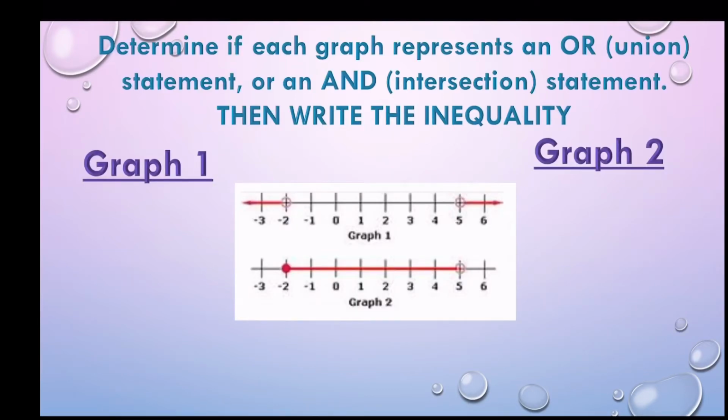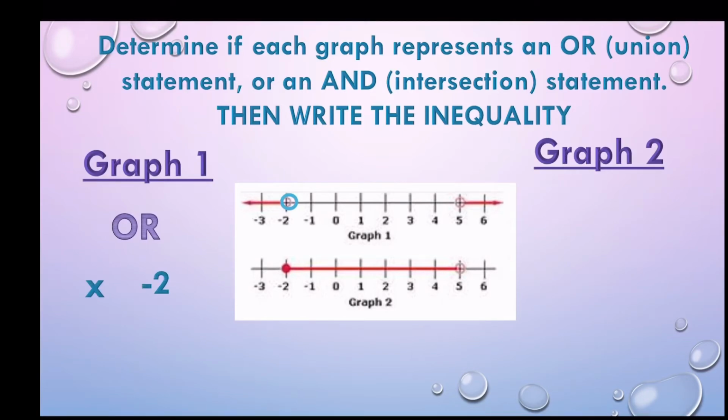So let's practice determining whether it's a union or an intersection. Remember, union is the word or, intersection is the word and. That helps us also write our inequalities. Well, graph 1 would be an or. If you notice, we have an open circle at -2.